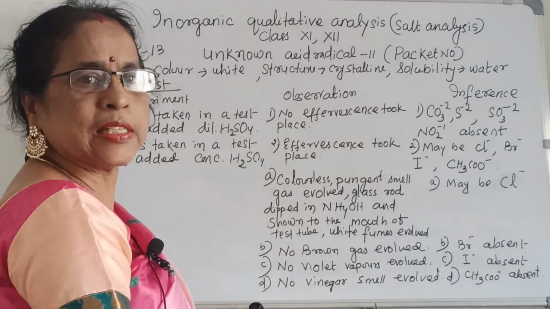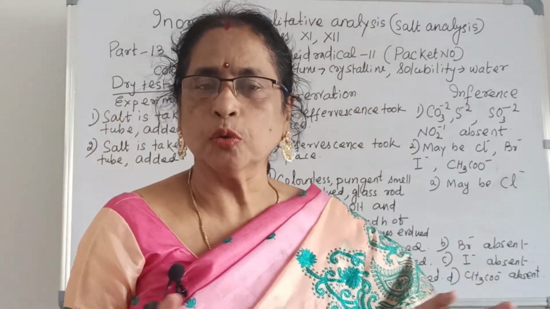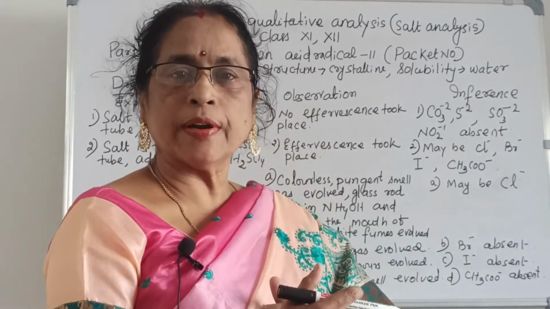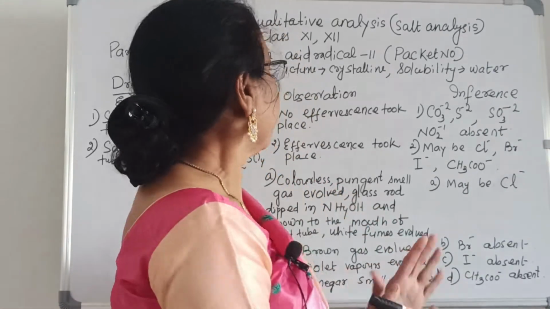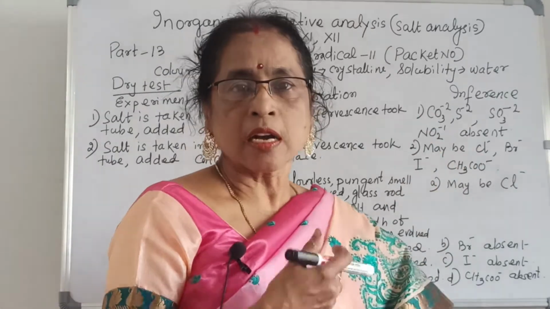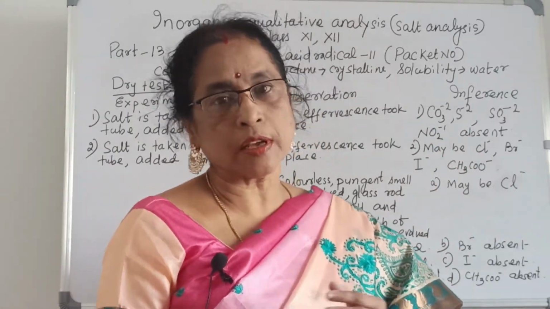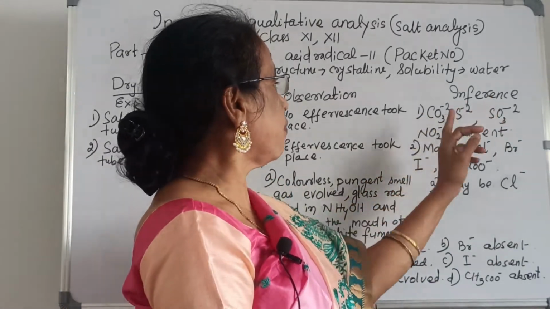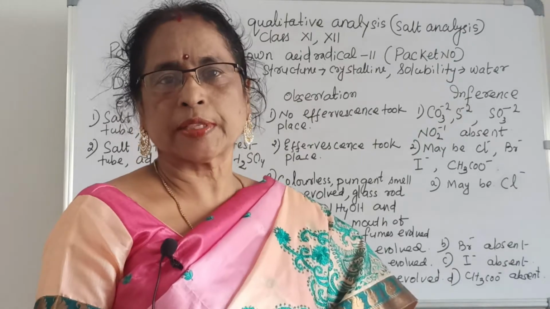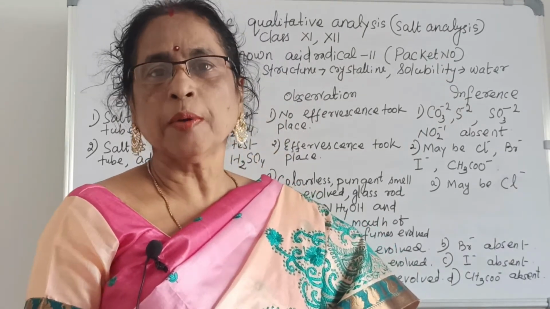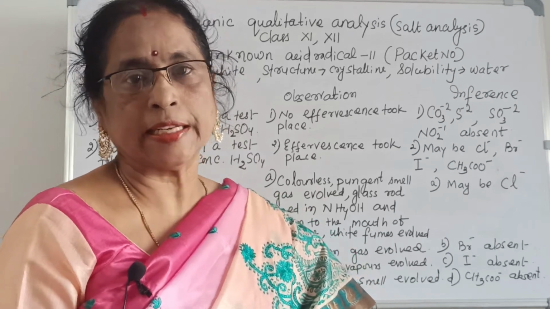No effervescence took place, no gas, no color, nothing is observed. That means the first group radicals, carbonate, sulfide and nitrite, are absent. So we have to proceed to the second group acid radicals.